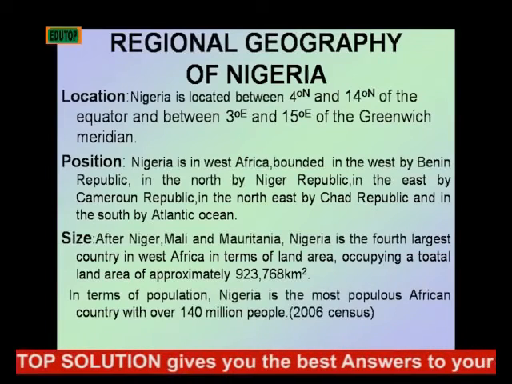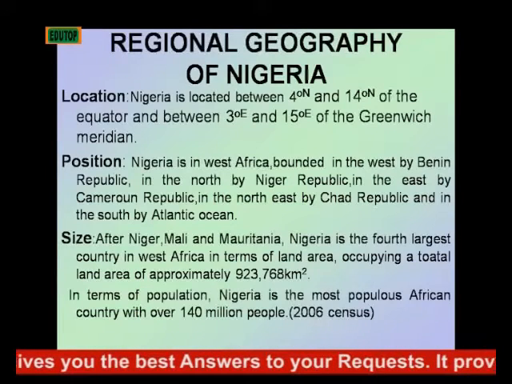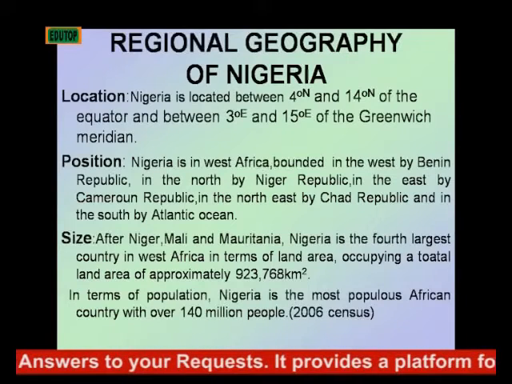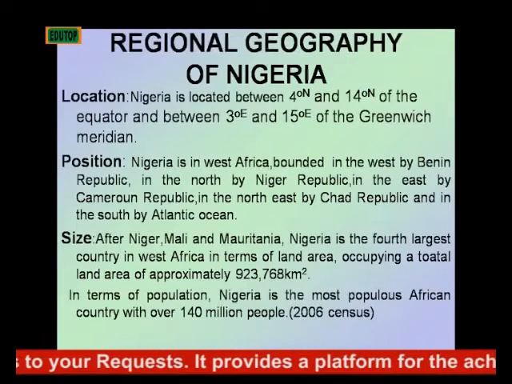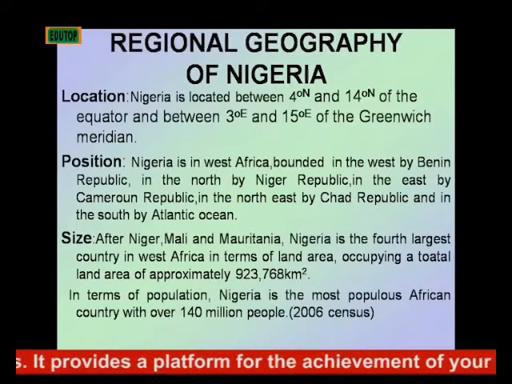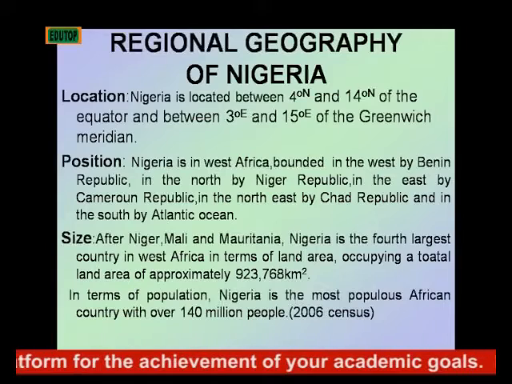Nigeria is in West Africa, and is bounded in the west by the Benin Republic, in the north by the Niger Republic, in the east by the Cameroon Republic, and in the northeast by Chad Republic, and also in the south by the Atlantic Ocean.